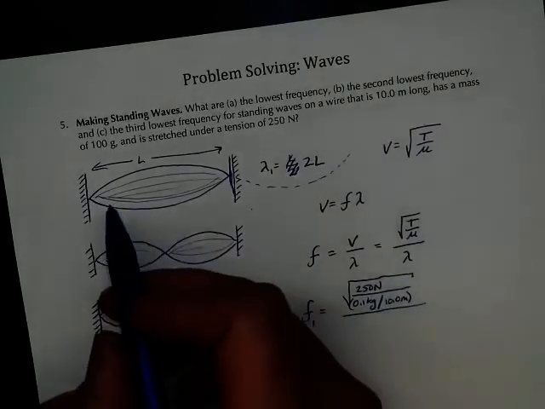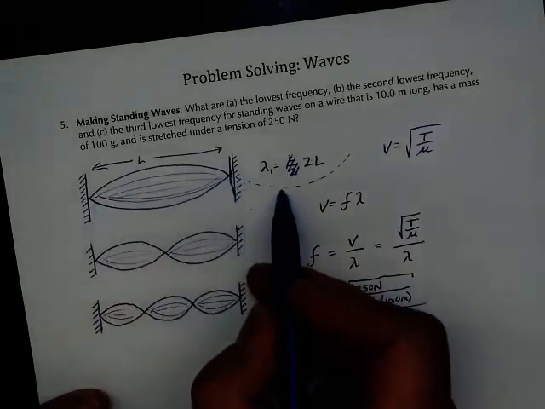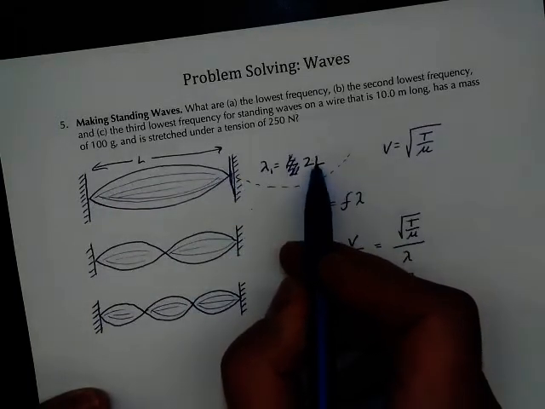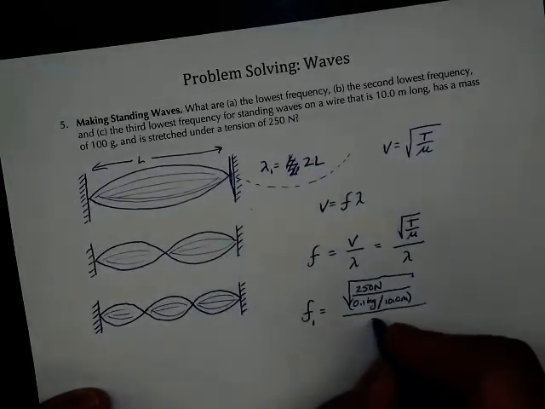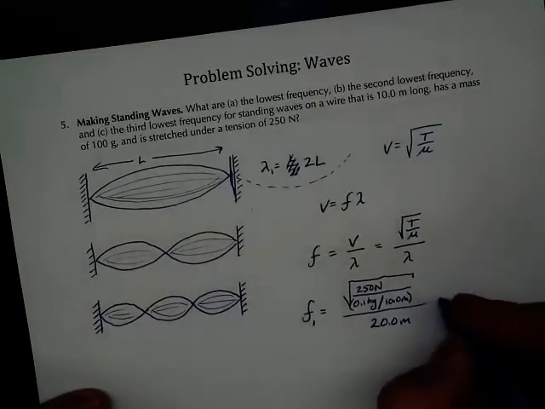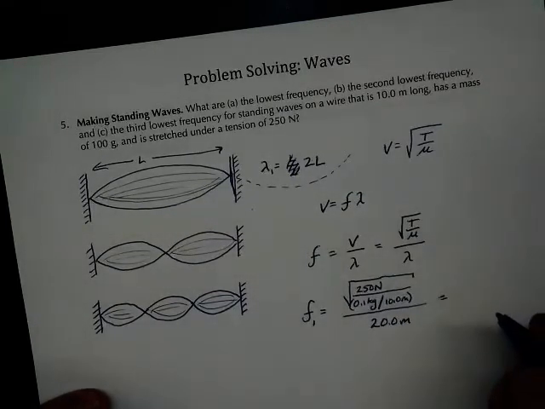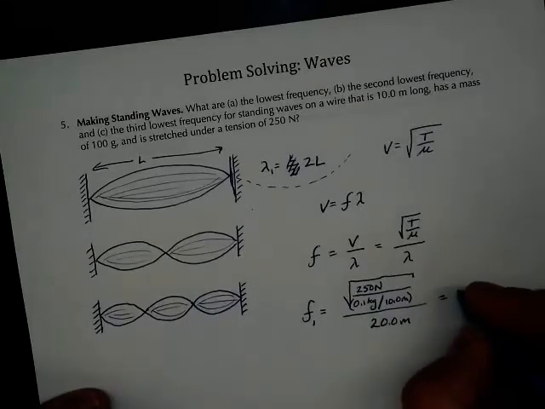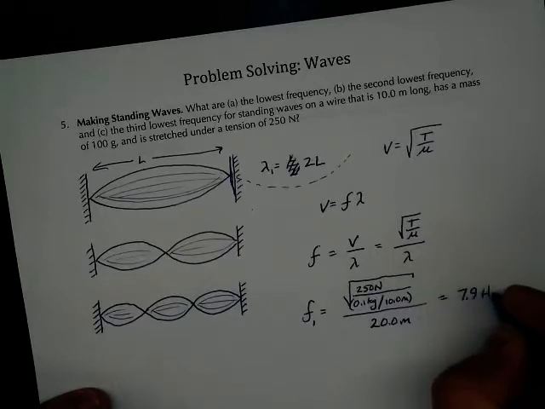And the wavelength, well, again, in this mode, the wavelength is going to be 20 meters because it's twice the length of that gap. And if you punch all that into a calculator, you come up with a lowest frequency of just under 8 hertz.